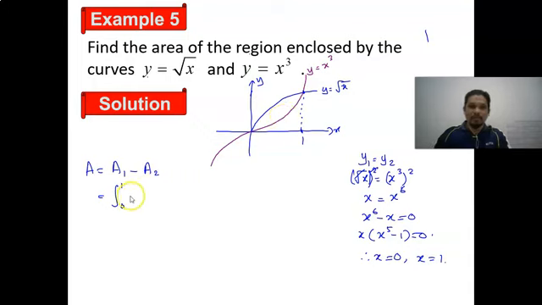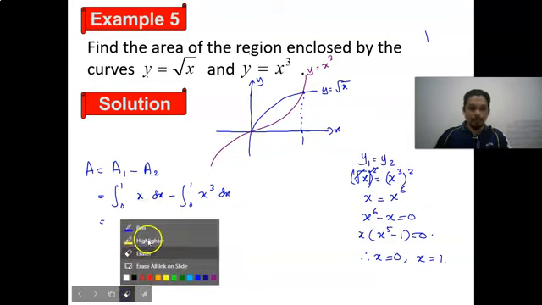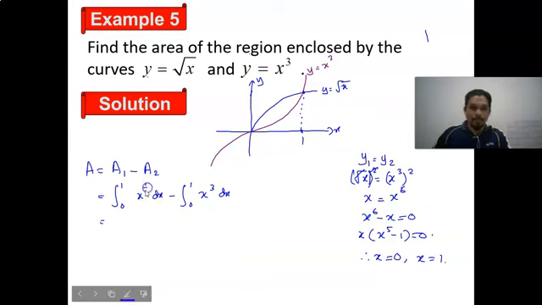So this comes first, the integral of square root of x dx minus the integral from 0 until 1 of the graph below, y equal to x cubed, dx. And for this one here, what if I change it into x to the power of half?